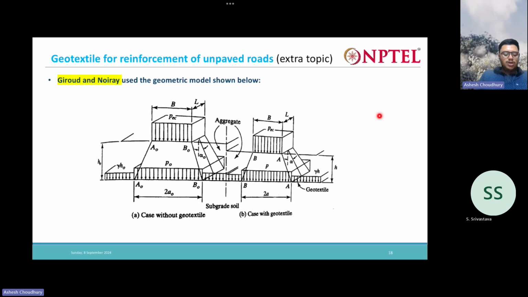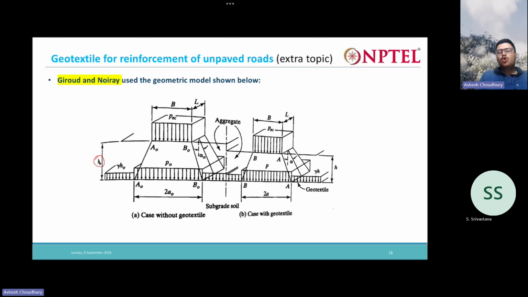Now see, Giroud and Noiray actually use the geometric model that is shown here to define the concept of unpaved road. So you can see this H naught. This H naught is nothing but the thickness of the aggregate layer that you have to put over the subgrade when you do not use any geotextile reinforcement.